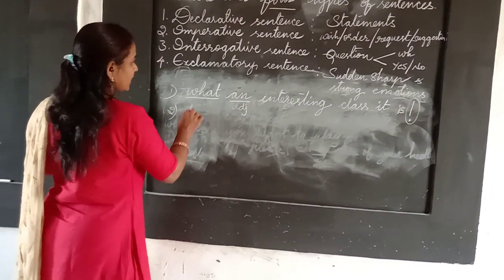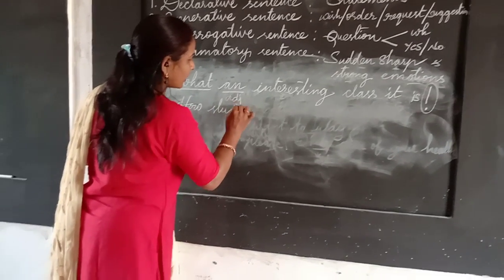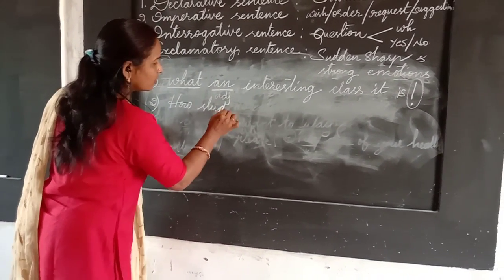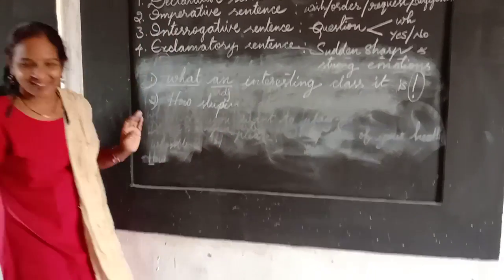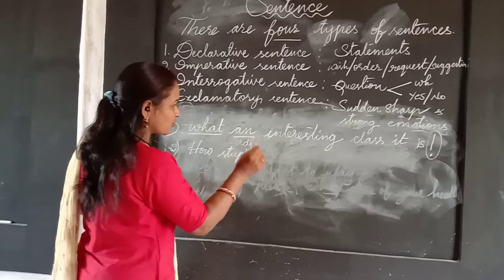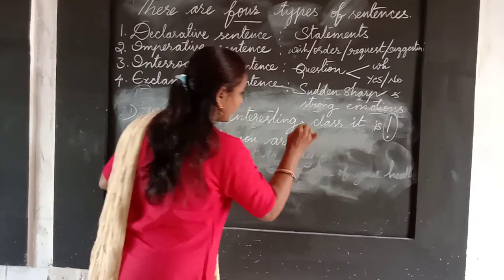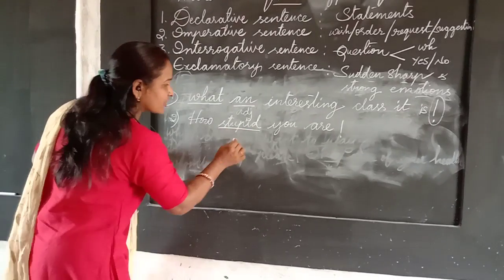Now, secondly, if we write, how stupid you are. Now you observe, stupid is also an adjective.